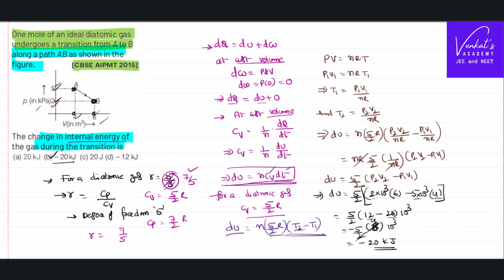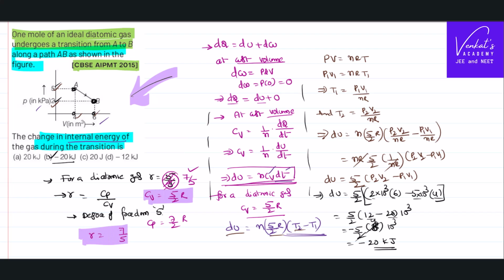So solving this problem is quite simple, just a formula based concept. We only need to know the formula. I'm emphasizing a lot on graphs simply because of late we see a lot of questions asked on graphs of thermodynamics. So familiarizing yourself with the graphs and solving the respective problems is important for you. The only thing you need to know is gamma of a diatomic gas.